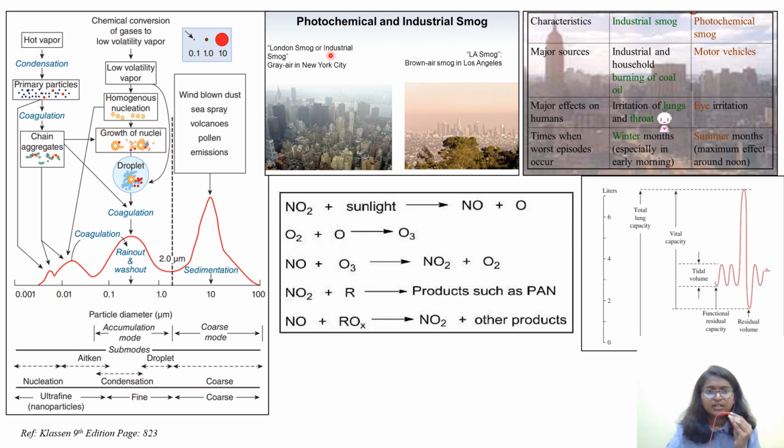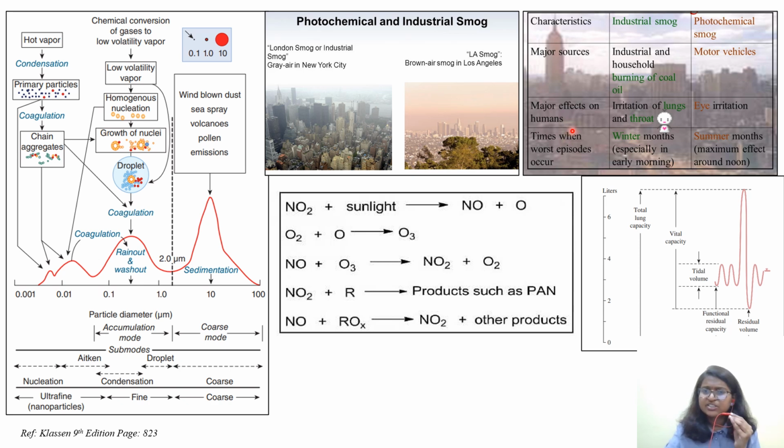Then we'll also learn about two types of smog, that is industrial smog and photochemical smog. Industrial smog, also called London smog, and photochemical smog, seen in Los Angeles, also called brown air smog. Major differences between these two types of smog we will see. The major source of industrial smog is household burning of coal and oil, whereas photochemical smog is caused by motor vehicles.